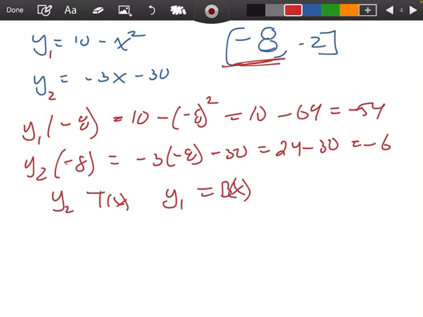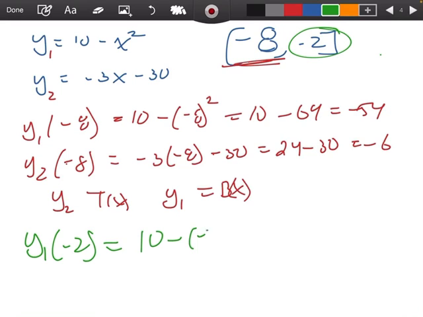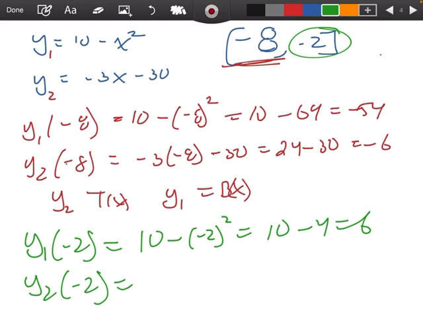Now, let's do the same thing at the endpoint at negative 2. So let's find y1 at negative 2. We're going to have 10 minus negative 2 squared. That's 10 minus 4, that's a 6. y2 at negative 2 is going to be negative 3 times negative 2 minus 30.